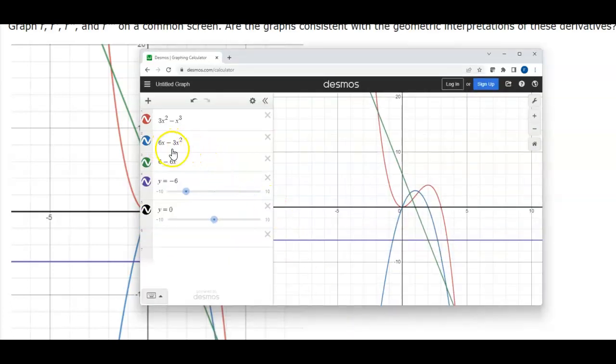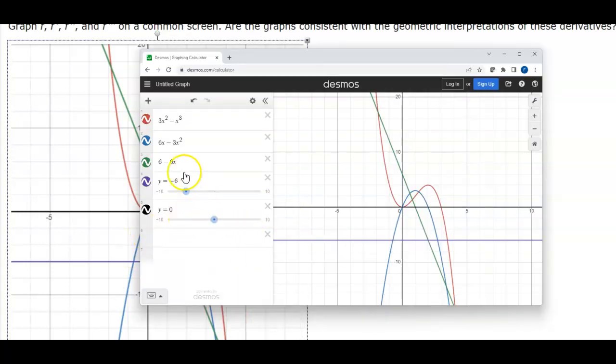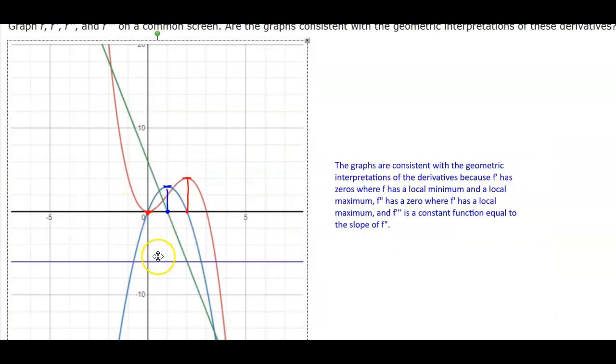The second derivative is 6 minus 6x, which is the one in blue. And so we have a horizontal tangent there, which then has an x-intercept here. And then if we take a look at the third derivative in green, which is a constant function, that is the one down here.